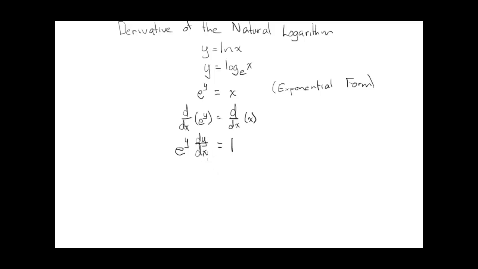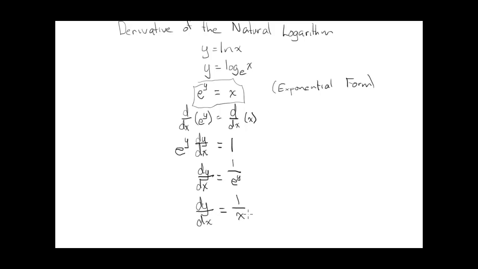And now we're looking for the rule for dy dx. We want to know what is dy by dx. So we'll isolate for dy dx, which would be 1 over e to the y. But we want this as a function of x, so we're just going to replace, remember, e to the y equals x. So we're just going to replace that e to the y with x.